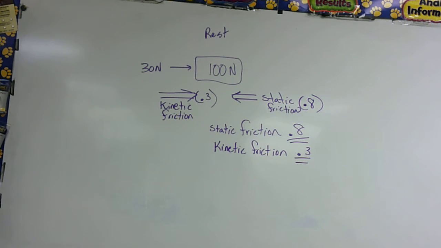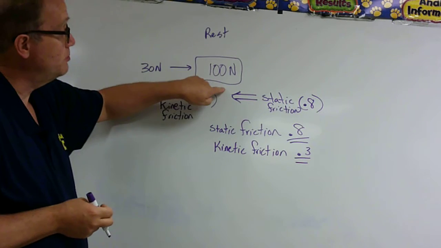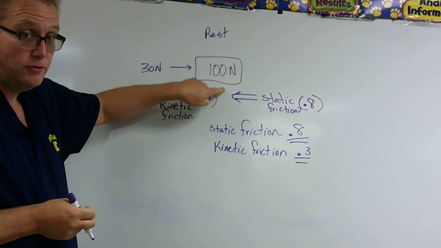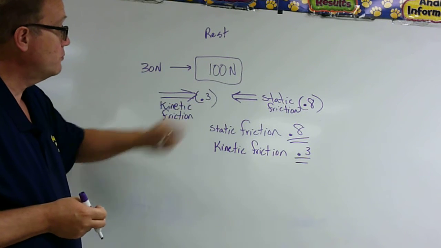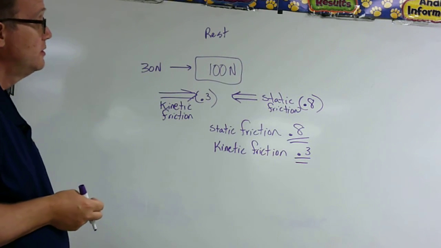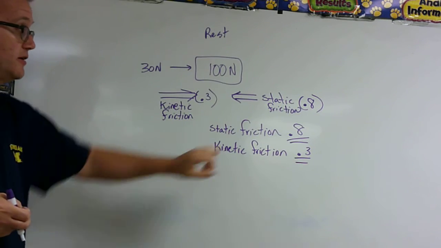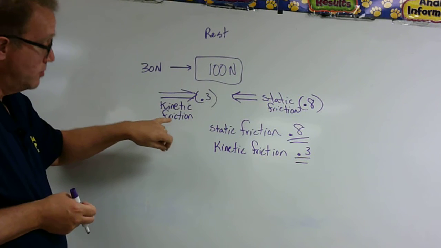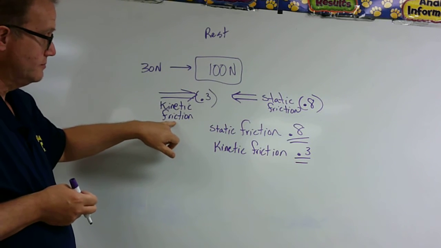So I'm going to have to really put a lot into this box in order for it to move. Now my kinetic friction is 0.3. That's the movement of friction. So you're going to have this friction working with this friction.